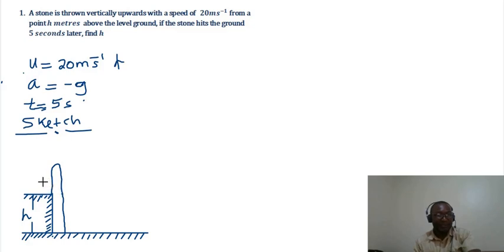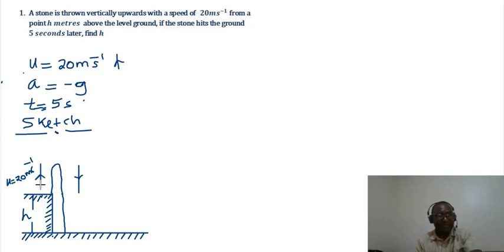Now when it is moving up here, it is moving with an initial velocity of 20 meters per second upward. Now when it reaches this side and turns and moves down, it means that we shall have a negative displacement. That's why we have that from here to here it is 0 displacement.